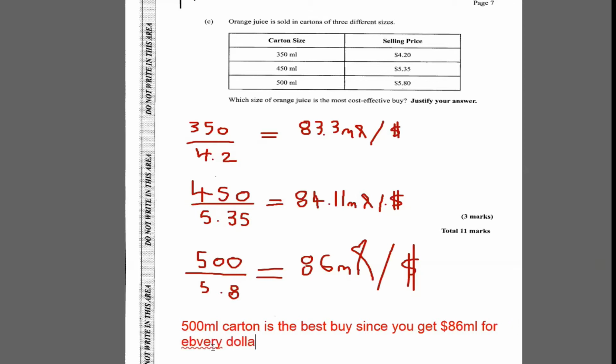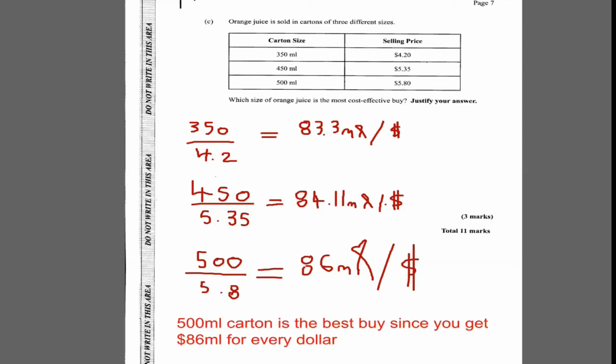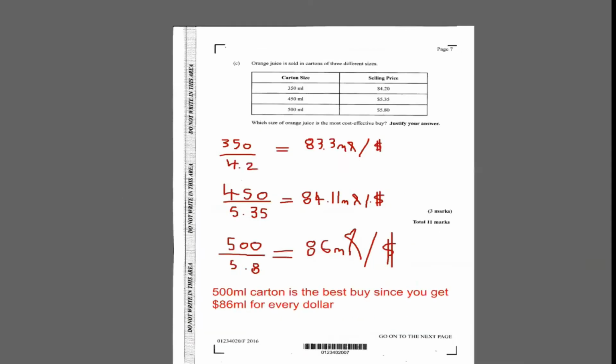All right, and so this is the best one. You get the most amount of milliliter for your money, for your dollar. All right, so this is the best one. Nice and easy, soft. And that completes question 1.